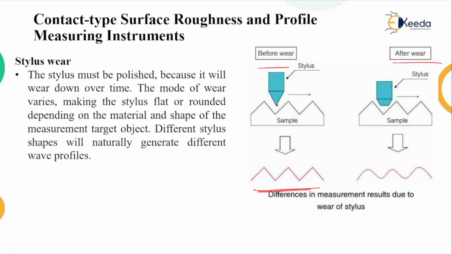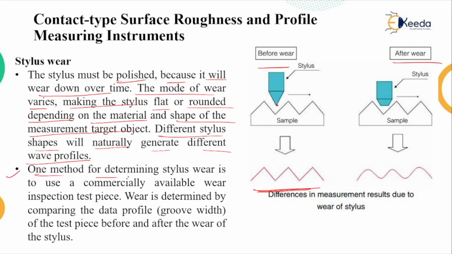Stylus wear. The stylus must be polished because it will wear down over time. The mode of wear varies, making the stylus flat or rounded depending on the material and the shape of the measurement target object. Different stylus shapes will naturally generate different wave profiles.